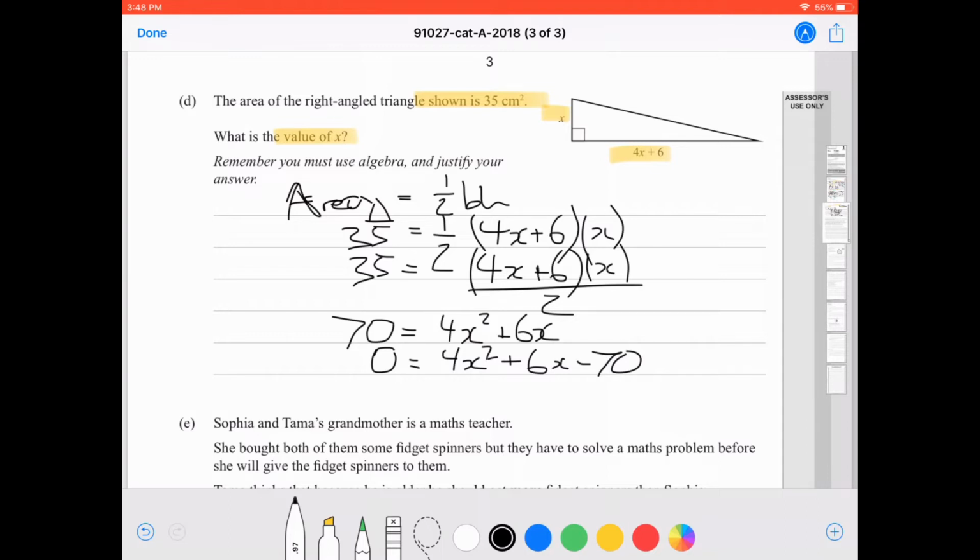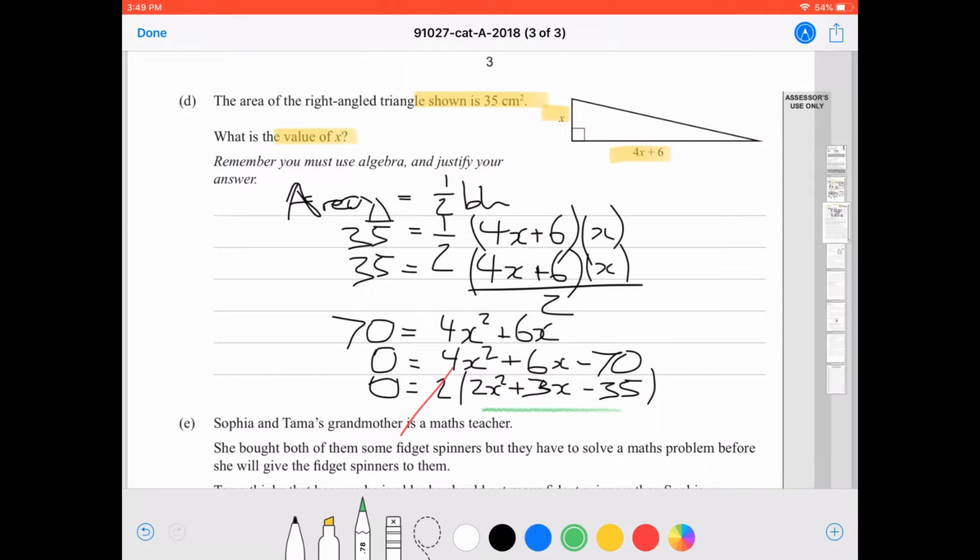Although we multiplied by 2 earlier to take 35 to 70, we can now take out a common factor of 2 just to make it easier on us. 2x squared plus 3x minus 35. Okay, that's all in brackets, and because 0 divided by 2 is 0, we can cancel out that 2. Now we've got this quadratic, 2x squared plus 3x minus 35.